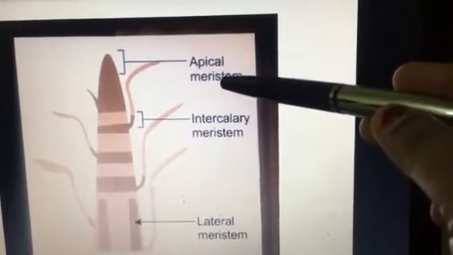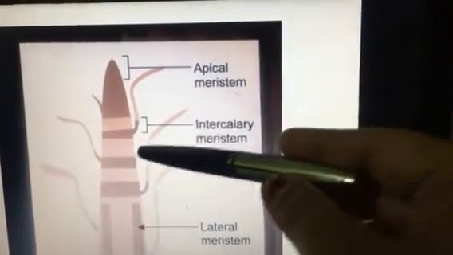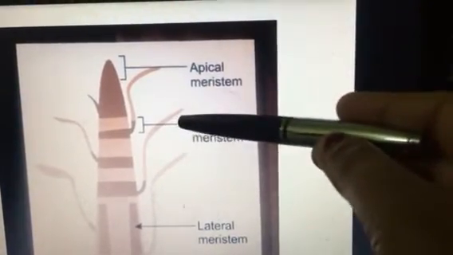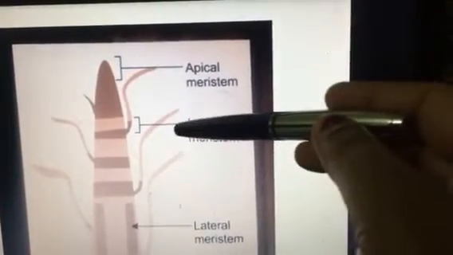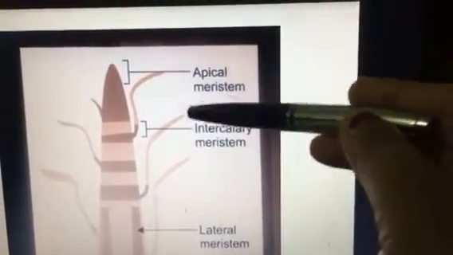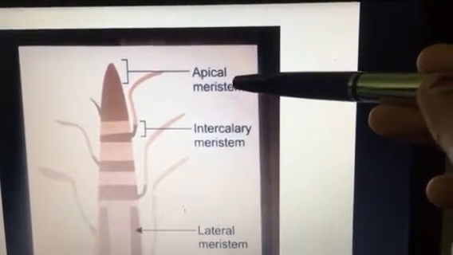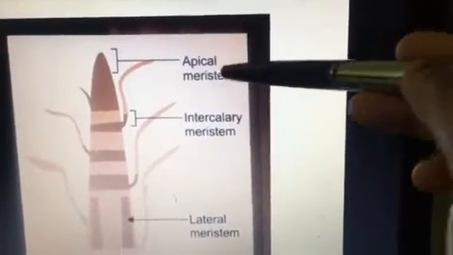Sometimes in certain plants, for example, if this is a branch of the plant, if this tip is broken, this branch will fail to branch further or would not grow. So these apical meristems are very important for the development and for the length of the plant.